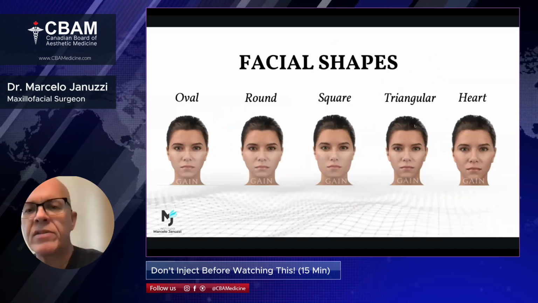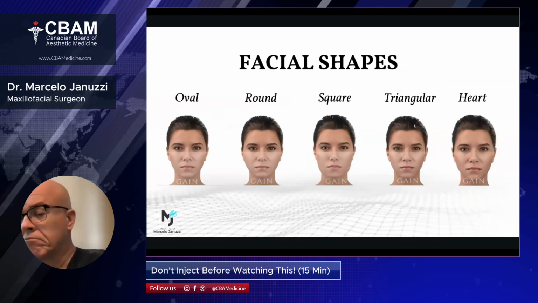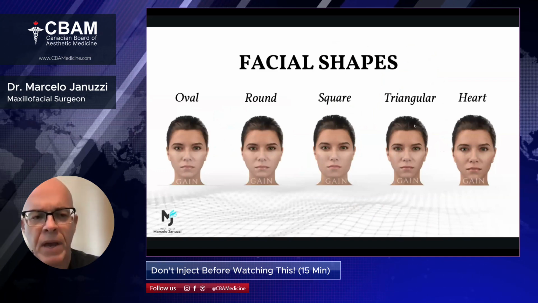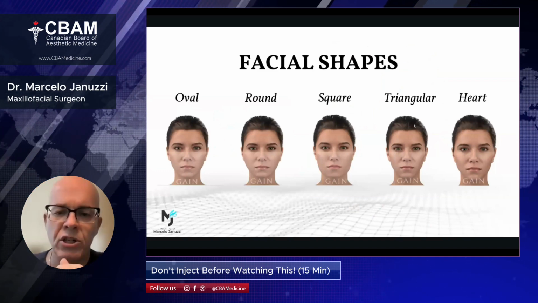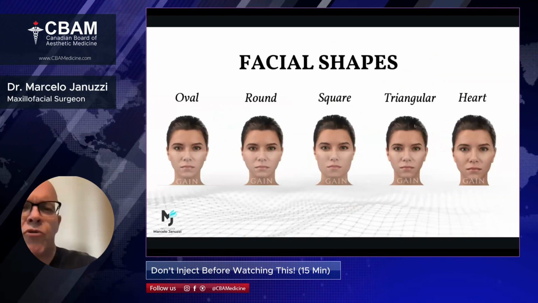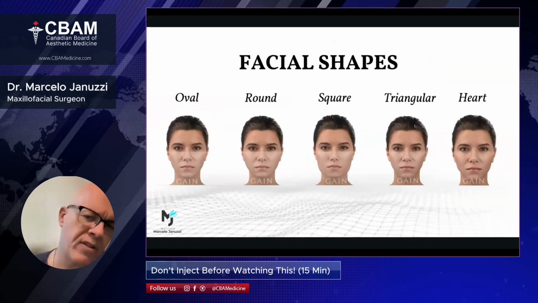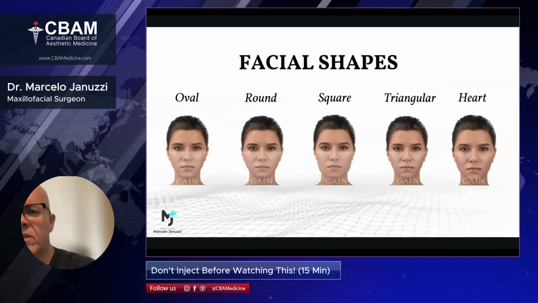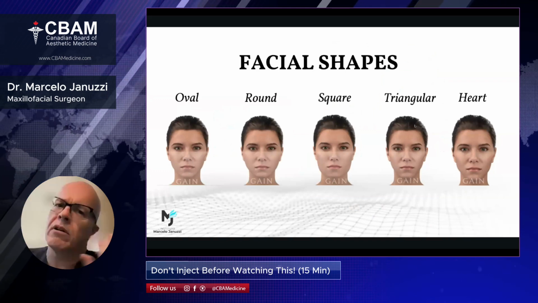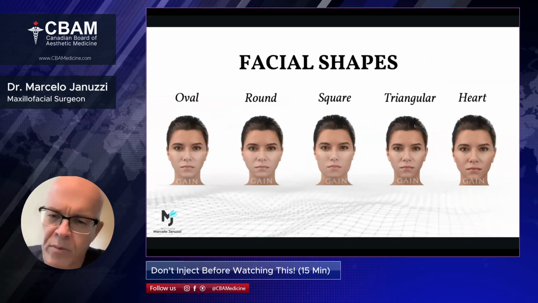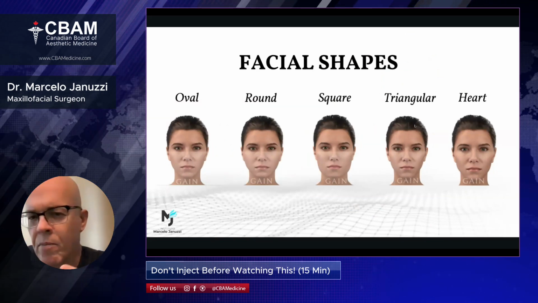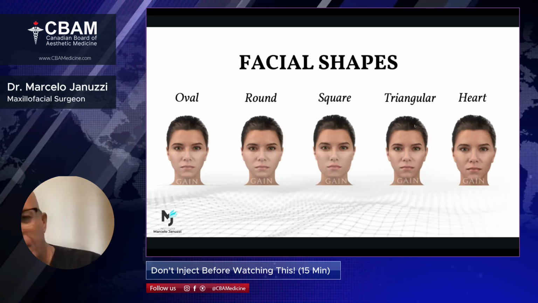With these different types of face we normally do not make great alterations, or we can transform square faces into triangular faces. We can transform triangular and square to be more masculine or more feminine.